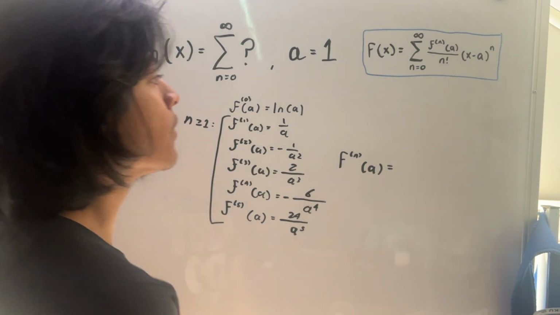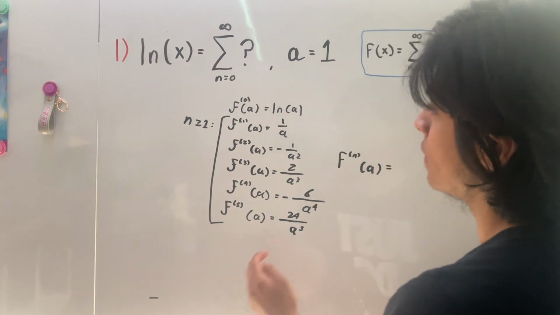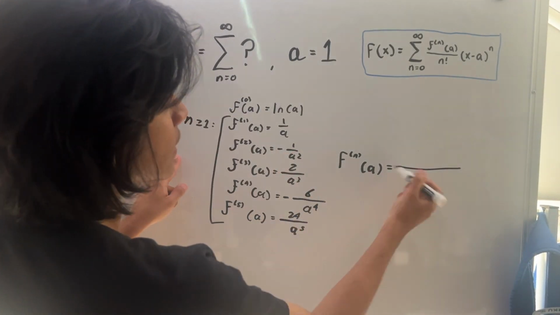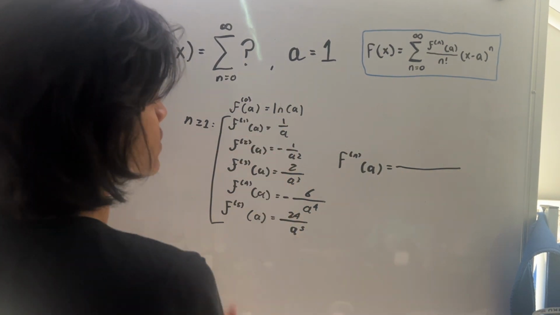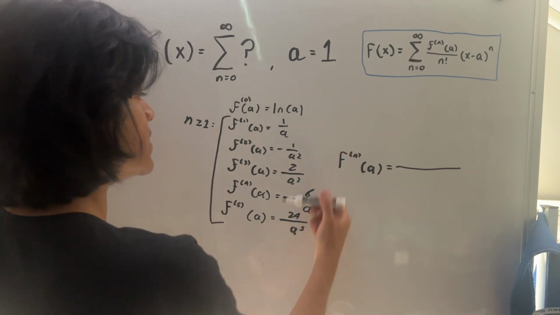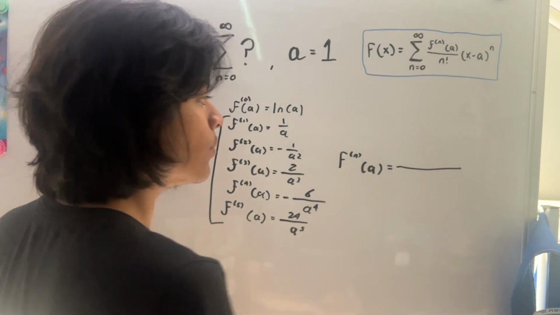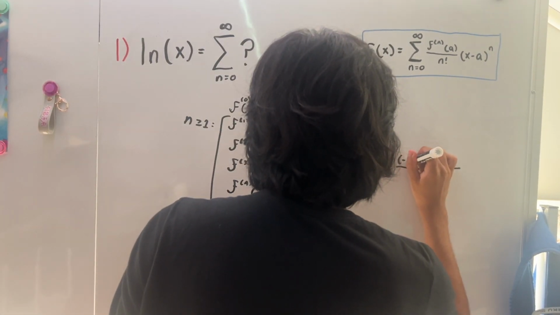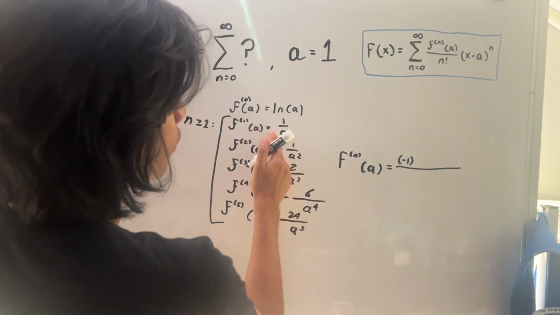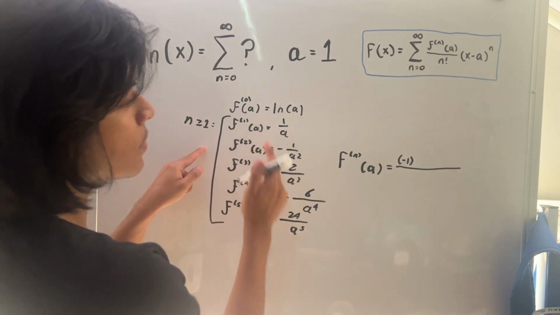So now we're going to write out the pattern that we notice when n is greater than or equal to 1. Notice how it's an alternating series. We're starting at n is equal to 1, and notice how we want our first term to be positive.